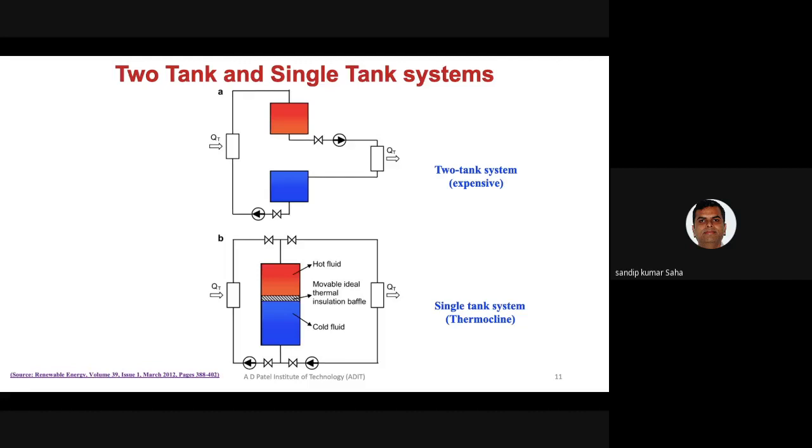I will not talk about the two tank system, it is very simple. In a single tank system, it basically depends on the buoyancy effect. Hot fluid will be at the top and cold fluid at the bottom, and because there will be mostly no convection, there will be thermal stratification, and we want to analyze that system.